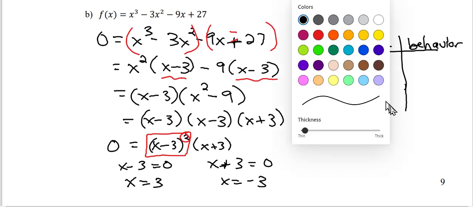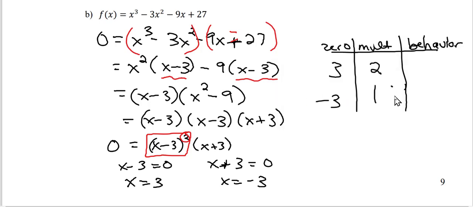X equals negative 3 has multiplicity of 1 because it came from this second factor there, and that only shows up one time. If the multiplicity is even, the graph just touches the axis at x equals 3. At x equals negative 3, the multiplicity is 1, which is odd, so it's going to cross.